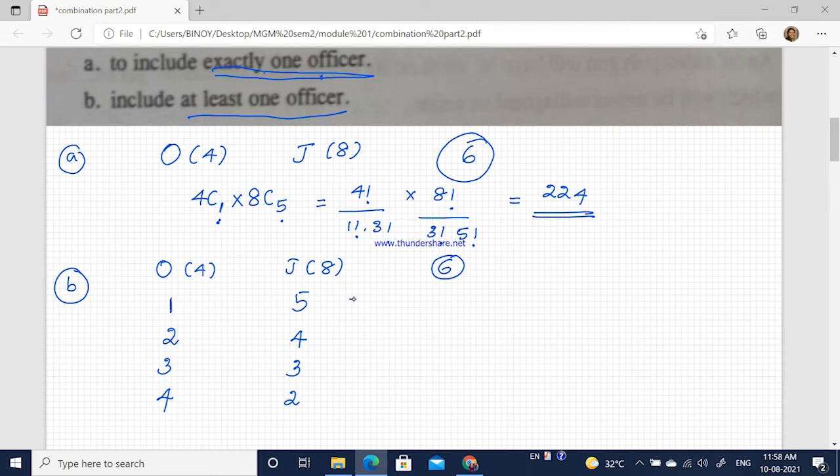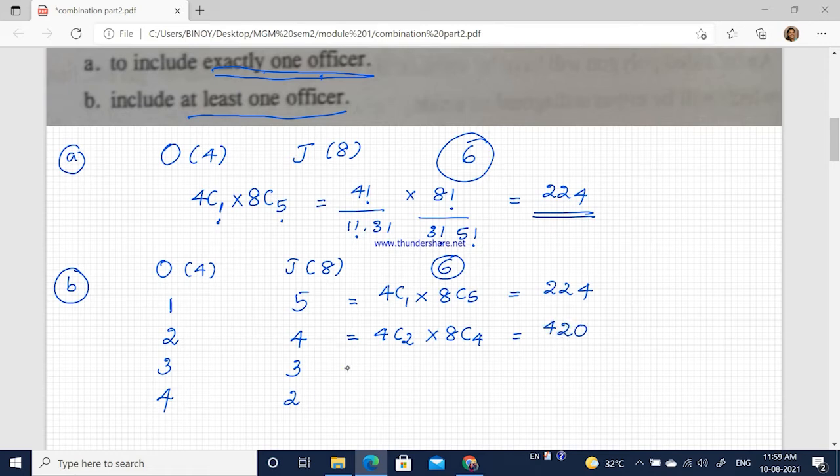We will convert this into the form of a combination, that is 4C1 times 8C5, that is 224. We have already found the answer. Then 4C2, that is 2 officers and 4 Jawans, will give you an answer of 420.